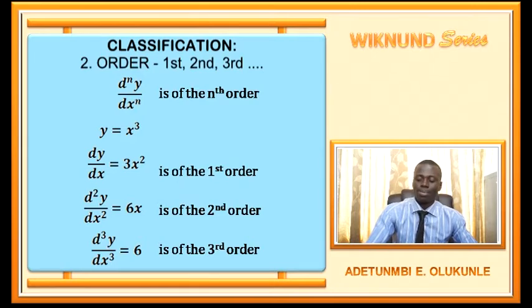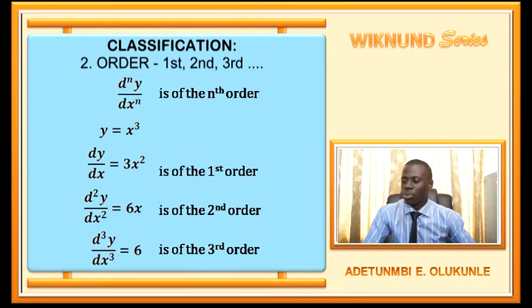This is of the first order. d2y/dx squared equals 6x. This is the second order. d3y/dx cubed gives us 6, this is the third order. So d^n y/dx^n is of the nth order.